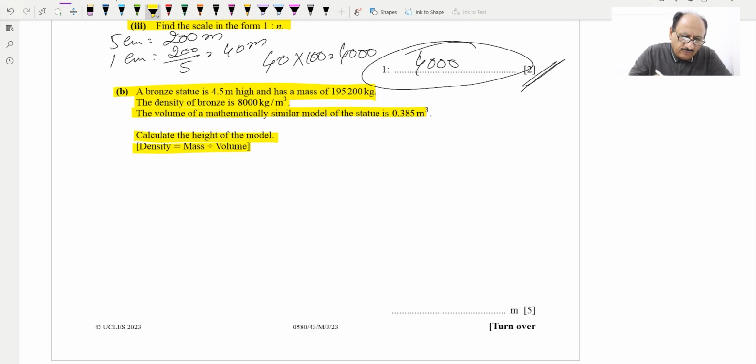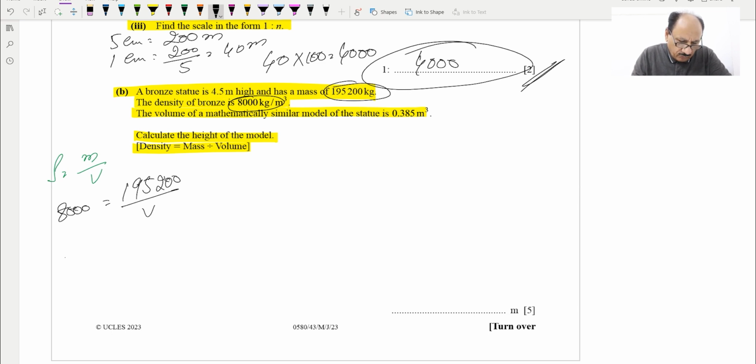We know formula for density is what? Rho is equal to mass over volume, and density is provided, which is 8,000 kilograms. So 8,000 kilogram is equal to mass, which is 19500 kilogram, over volume, so volume will be equal to 19500 divided by 8,000.